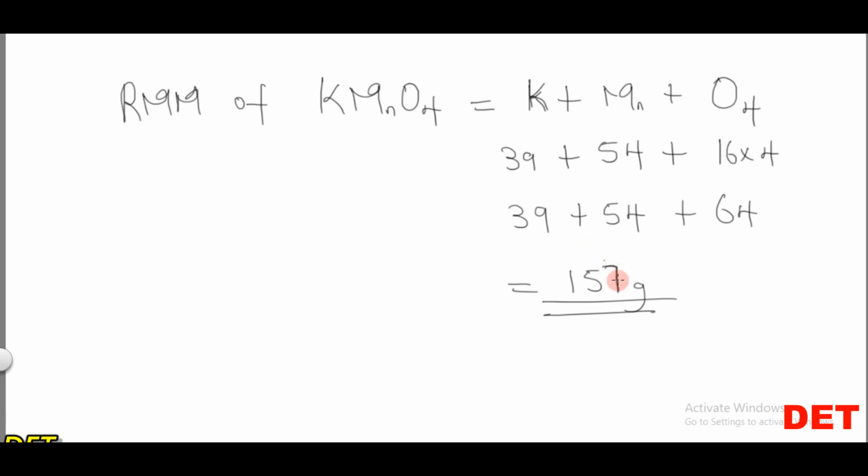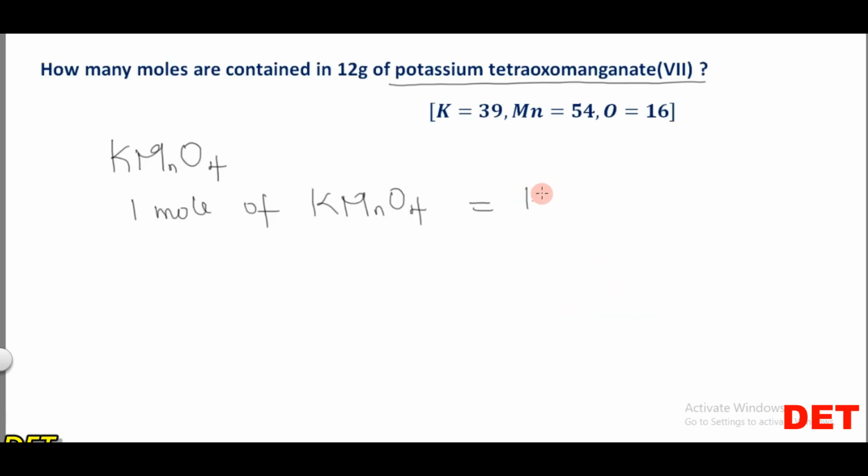And we calculated the relative molecular mass to be 157, so that's 157 grams. In other words, 157 grams of potassium tetraoxomanganate 7 is equal to 1 mole.